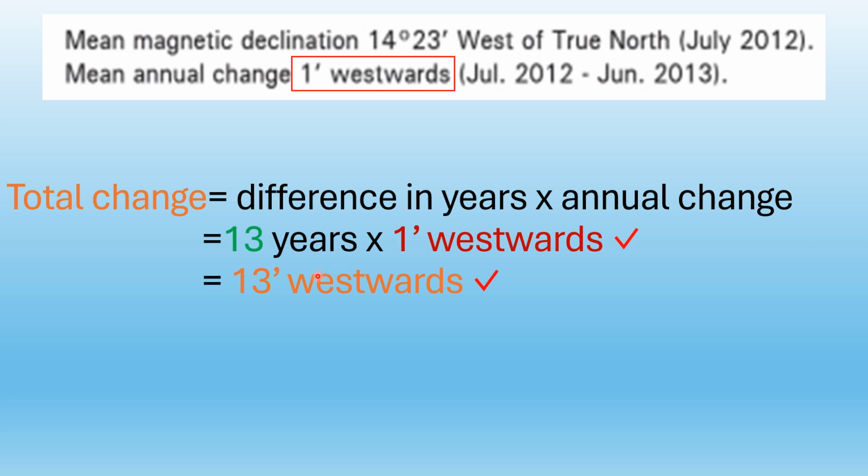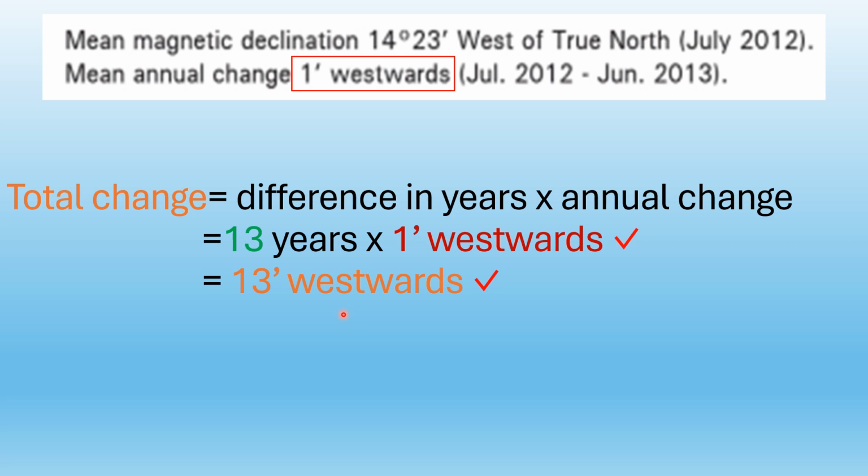In our example, 13 years have passed since the magnetic declination was recorded. We also see that there's been a 1 minute change or annual change, and of importance that this change has occurred westwards. Multiplying those two values, we end up with an answer of 13 minutes westwards.